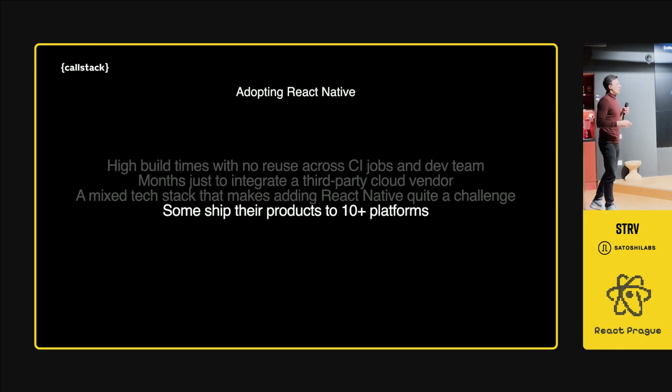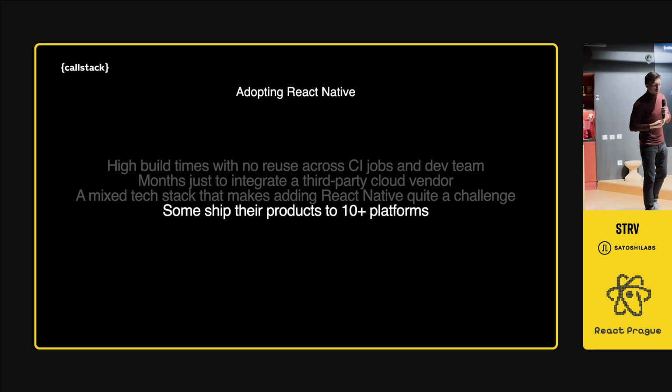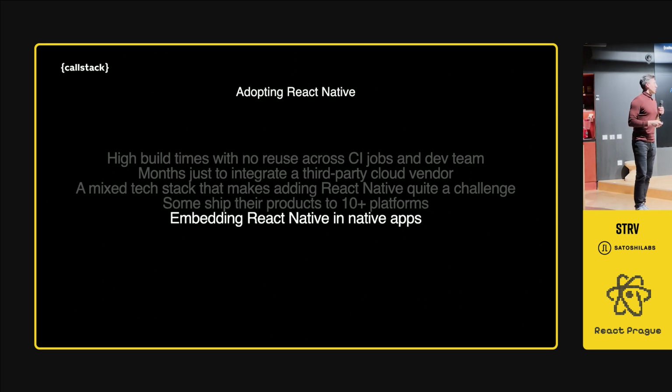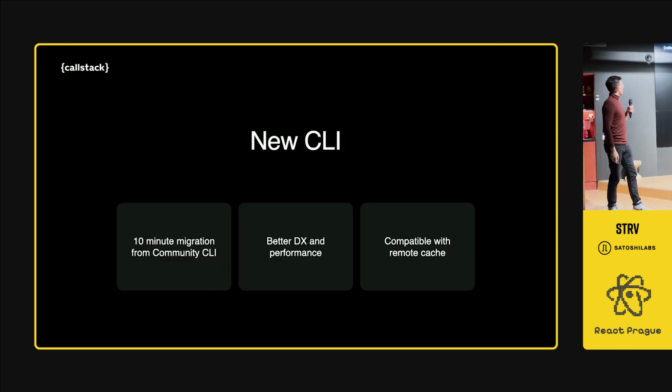And also there are some companies that we work with that ship to 10 platforms or more, and we want to cover that. And we also want to cover the brownfield solutions to make it easy to add React Native to any app without messing with node modules, CocoaPods, etc. So you can just import React Native in your iOS app, and it should just work.